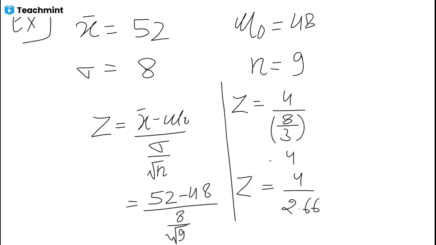Can you tell me the final value when 4 is divided by 2.66? The final value is 1.50. So in this way, you can find the value of Z.